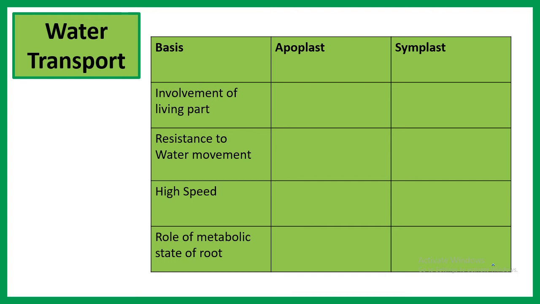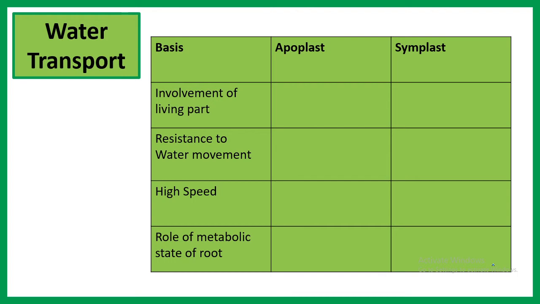So now I move on to the difference between the apoplastic pathway and the symplastic pathway of water transport. First of all, involvement of living part. Living part means whatever is within the cell membrane, that is the plasma lemma, is living. But outside the plasma membrane, things are not considered living.